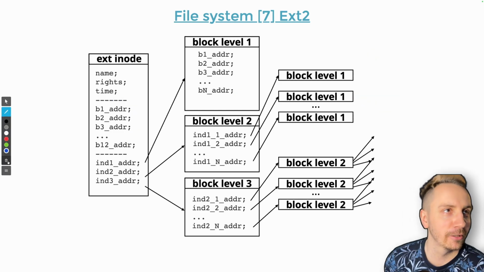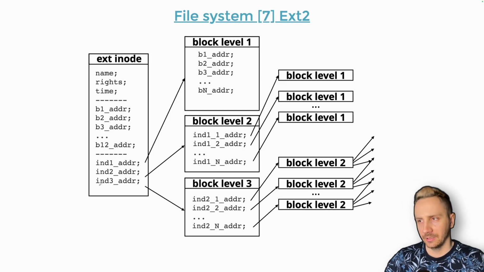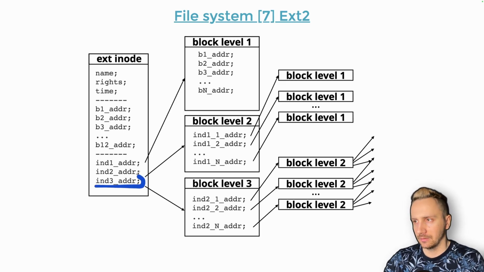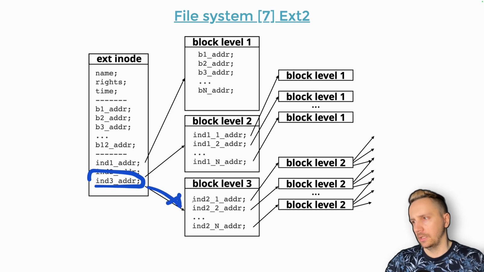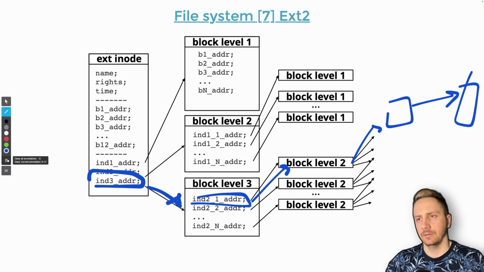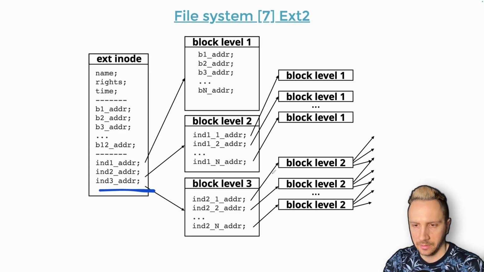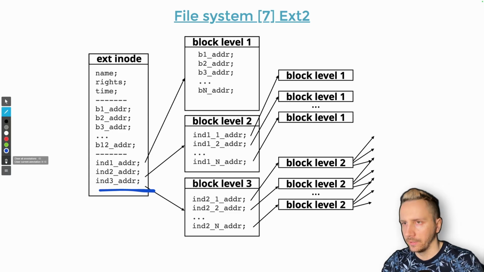Eventually, if the file continues growing, even the second level might not be enough, and this is when the last one gets activated. The third will point at a block having addresses of blocks which have addresses of blocks which have addresses of blocks with data. And this is the maximum level of indirection. It cannot go even deeper, but this already is enough to store quite large files.